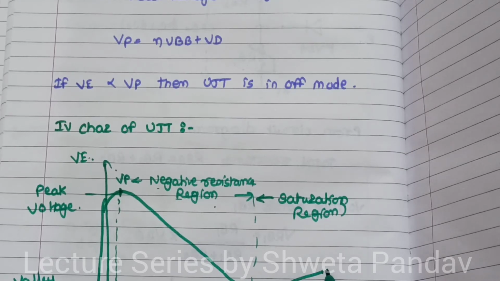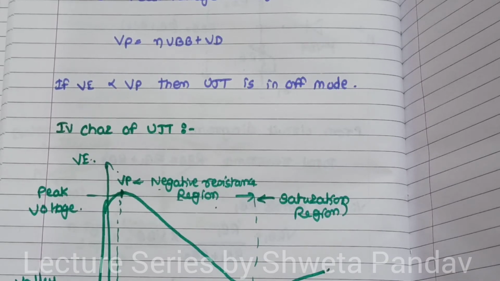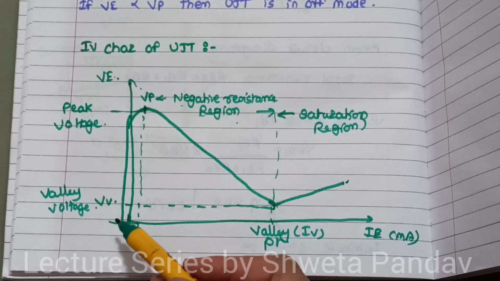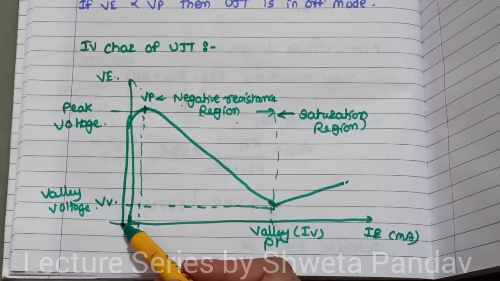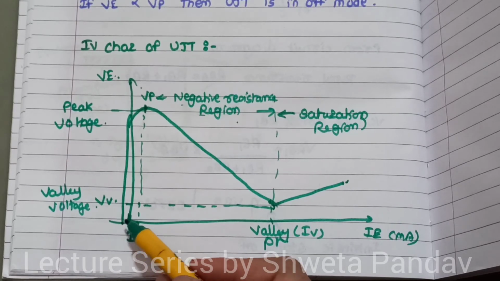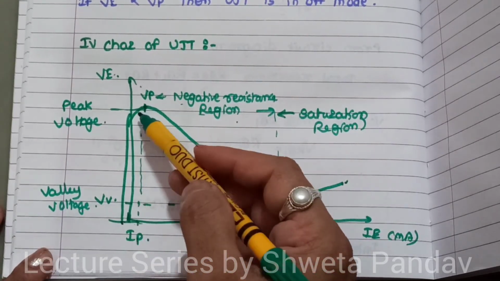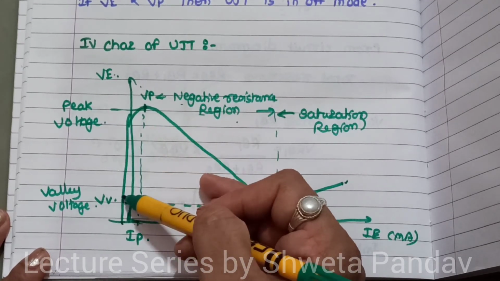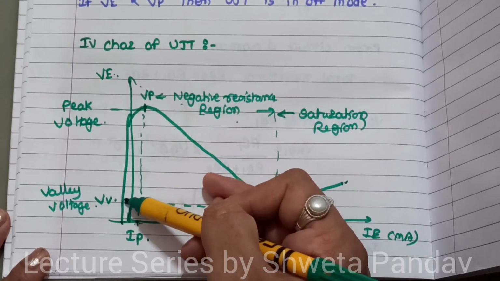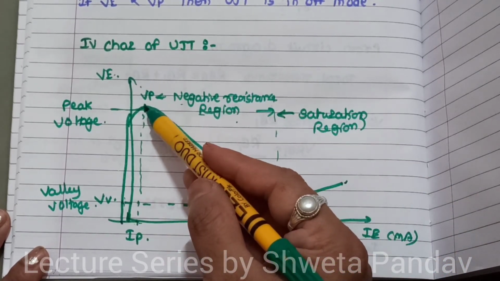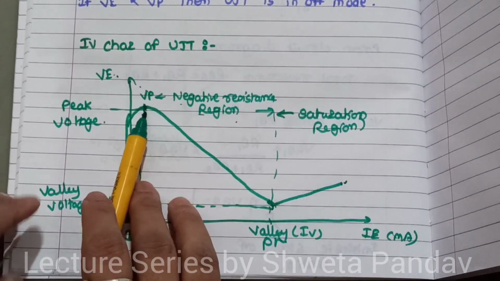Usually I tell my students the UJT characteristic is similar to your bus journey. Initially, at the very first in the morning, you are in off mode. Whenever we go to the bus stop and the bus starts, this is the middle point of our bus journey.